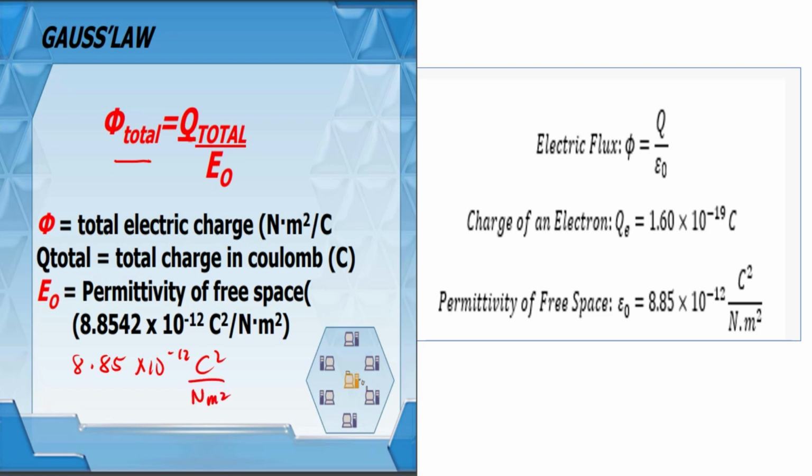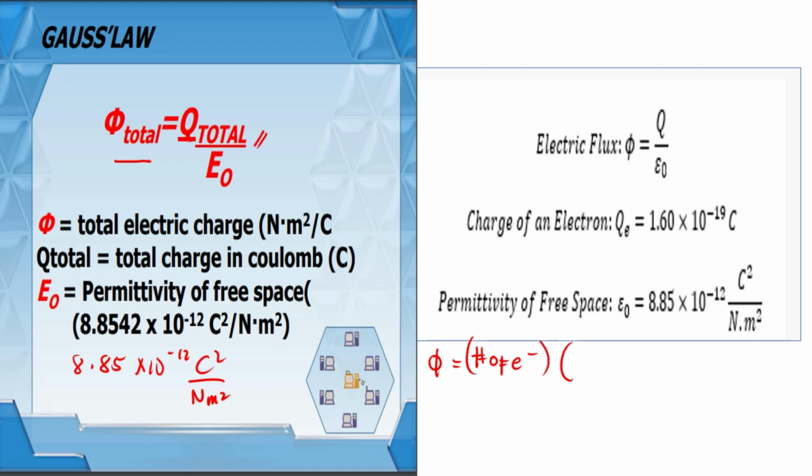Pero hindi all of the time given yung Q total natin. Minsan, ang inakabigay lang ay yung number of electrons. So what will be the case if that will be the scenario? We can still solve for the flux total using that. We have here the number of electrons given in a problem.